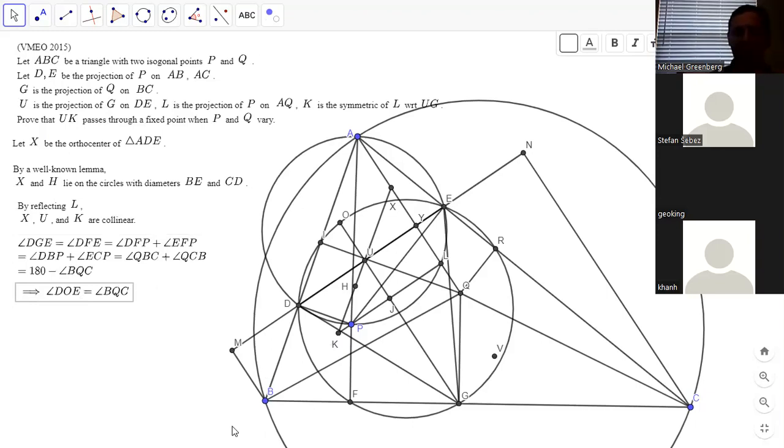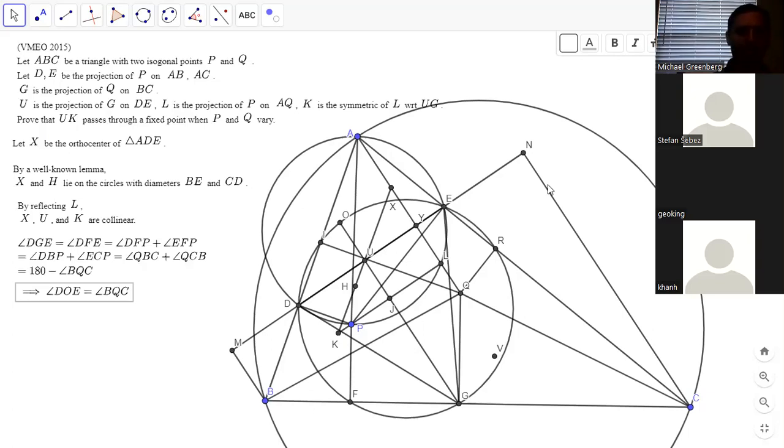A lot of cyclic quadrilaterals. Okay, so that would show that X, yes.